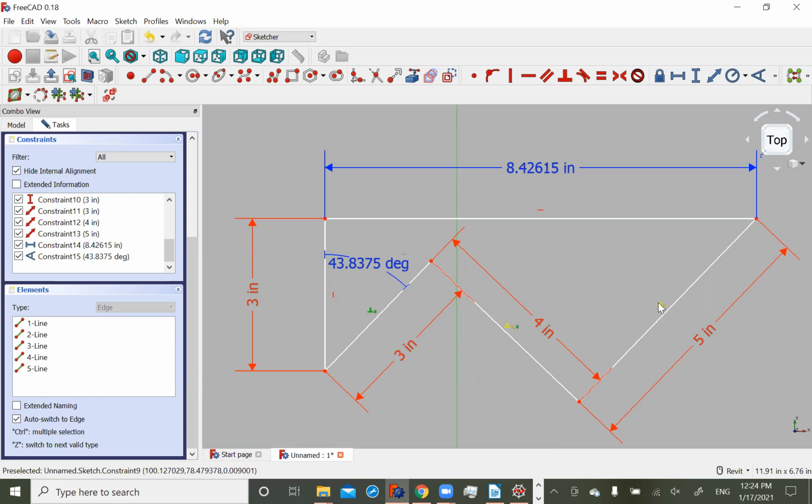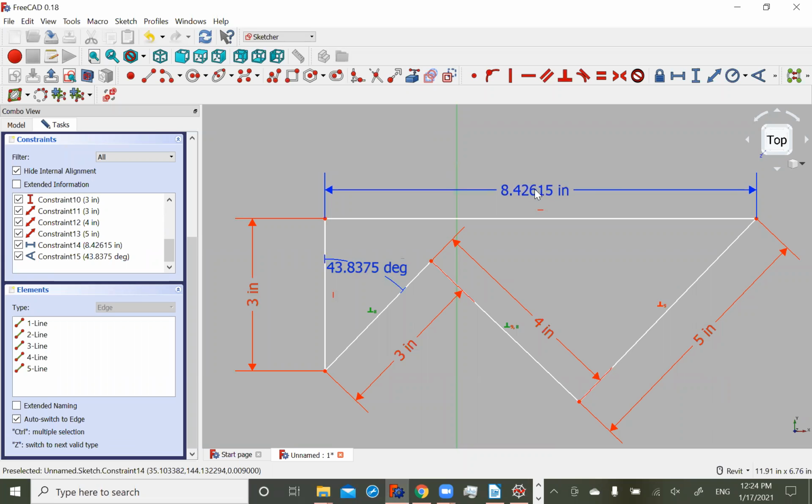So I just recreated it except the lines to scale. And I have a reference dimension of the angle, 43.8375, and the length is basically the same as the other 2 methods that we were looking at.